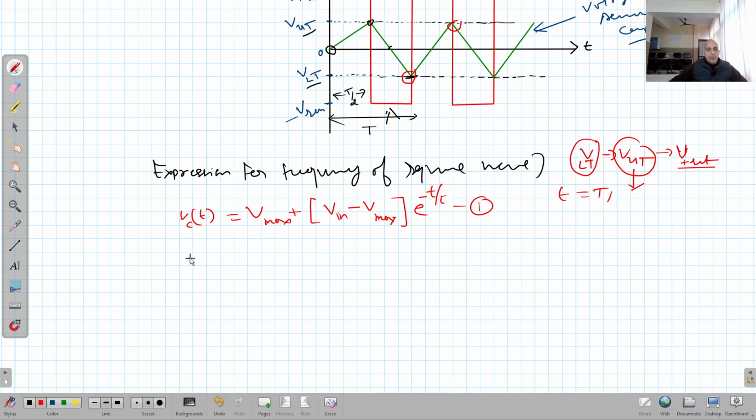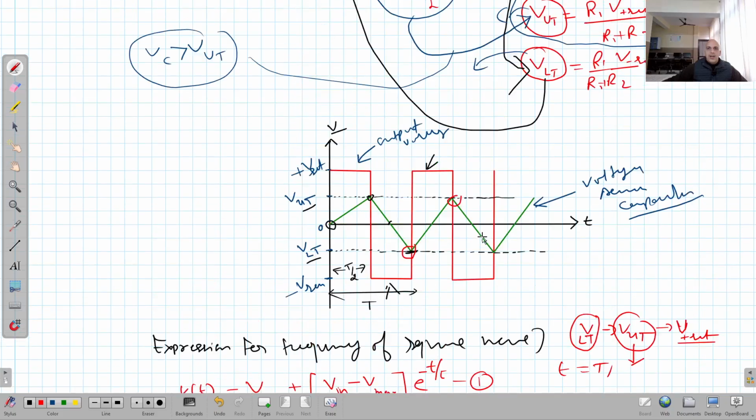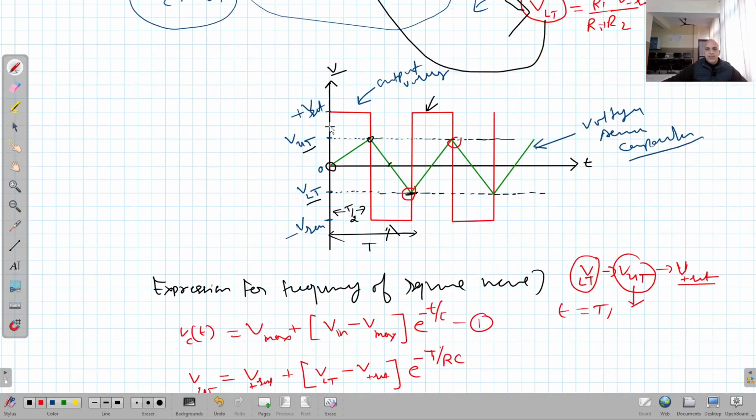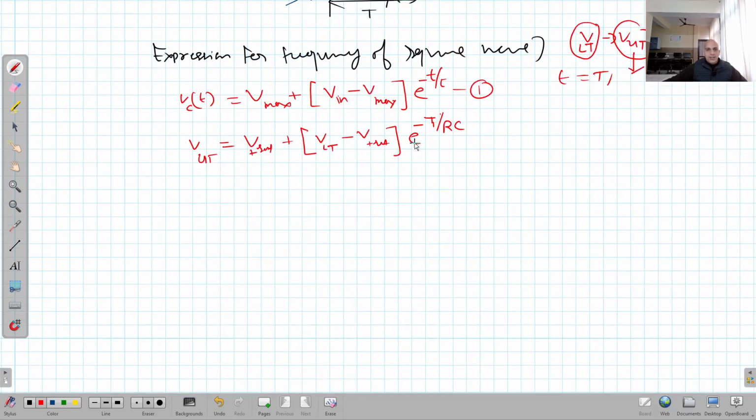It will become V upper threshold is equal to V plus saturation, and for convenience, plus (V initial, which is V lower threshold, minus V plus saturation) into e raised to power minus t1 upon the time constant, RC. Clear? For an RC circuit.